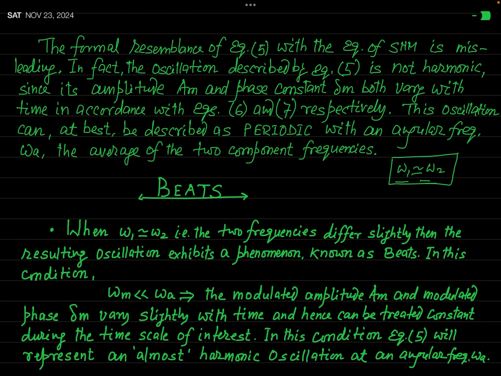But as long as omega_1 and omega_2 are far different from one another, you will get only a periodic vibration, not a simple harmonic oscillation. But when omega_1 and omega_2 are close to one another, although different, the difference is not very large, then the resulting motion will also be simple harmonic.